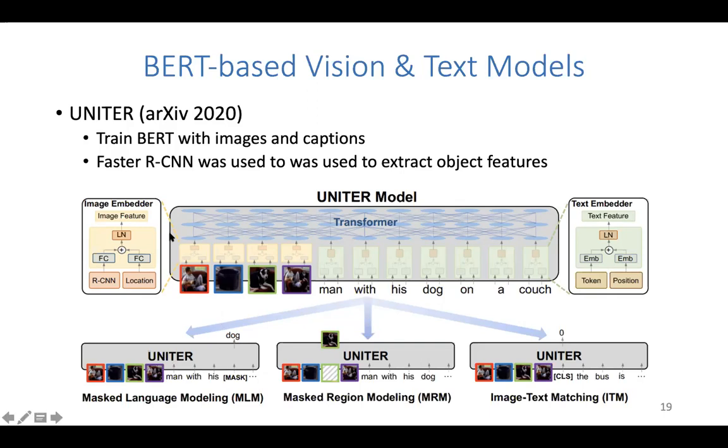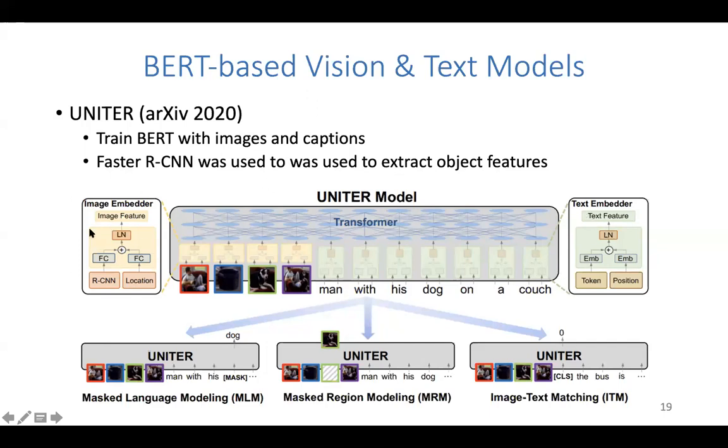Here, it is still using Faster R-CNN, an off-the-shelf object detection model, to extract objects from the image, and then pushing that into a gigantic stack of transformer layers. But before pushing the object features and textual features into the transformer, they have a specific image embedder and text embedder.